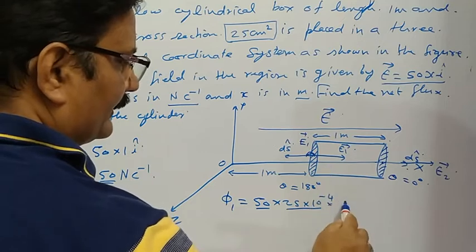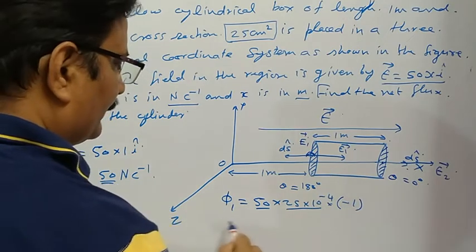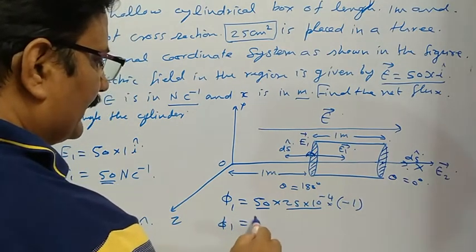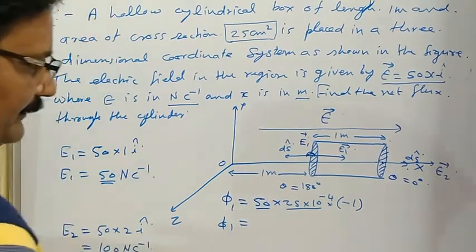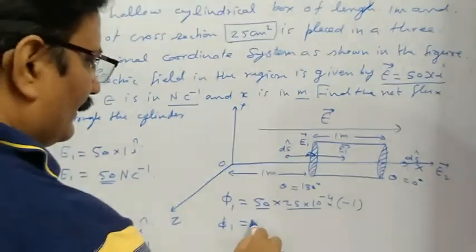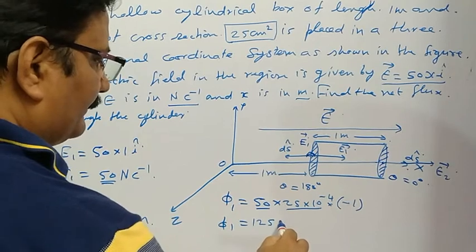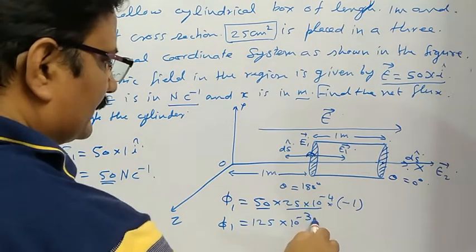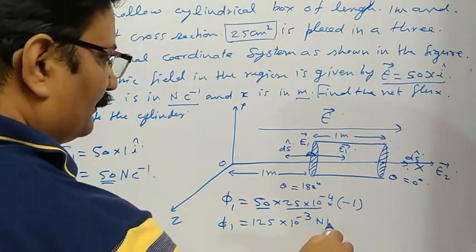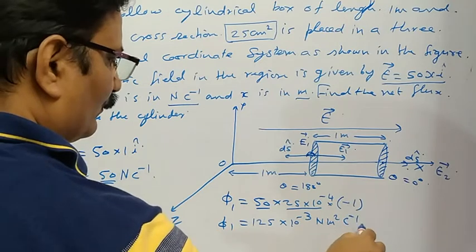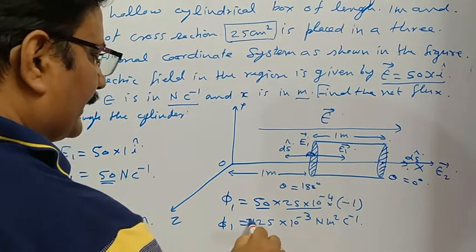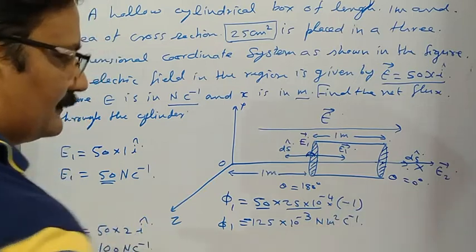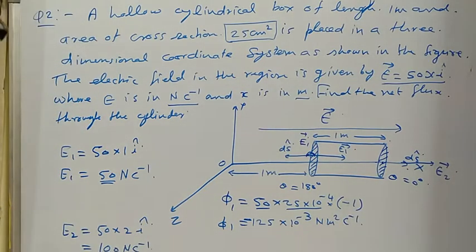Cos 180 degree is minus 1, so the flux entering the cylinder is 125 into 10 to power minus 3 Newton meter square Coulomb inverse with a negative sign. The negative sign is due to this minus 1.